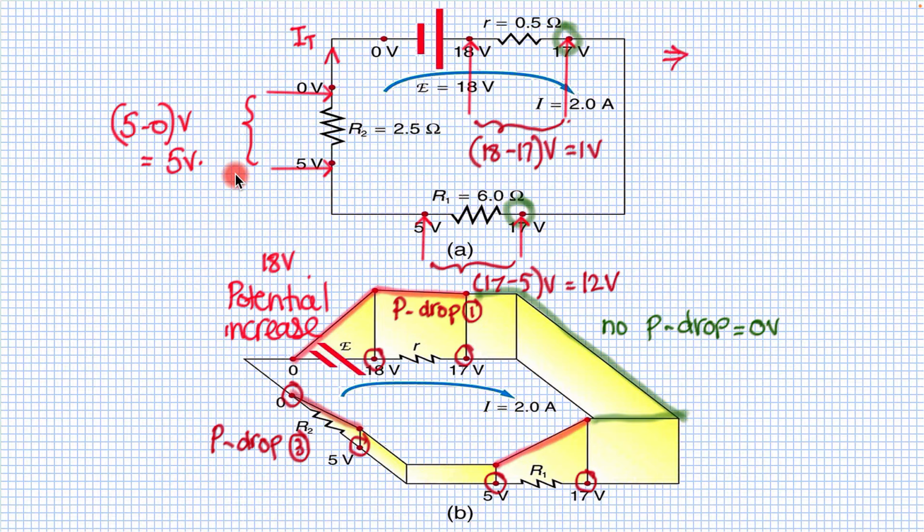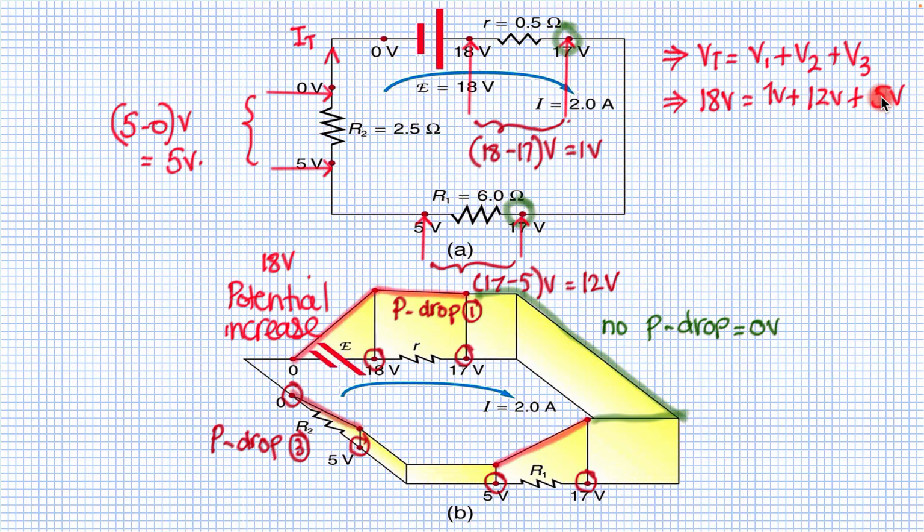So to find the total potential drop across each of the resistors, according to Kirchhoff's voltage law, it must be equal to the potential rise, or the total voltage. So what we have is the total voltage we know is 18 volts. Drop 1 is equivalent to 1 volt. Drop 2 is equivalent to 12 volts, and drop 3 is 5 volts.